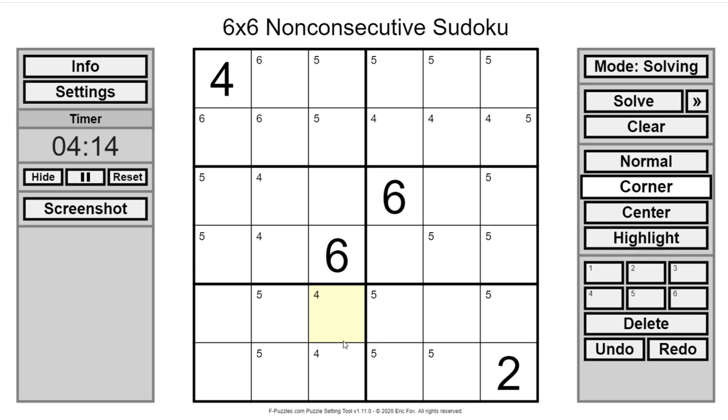This being a 4 is interesting. It would force 5s here, here, and here. It would force all that, and now this has to be a 4.